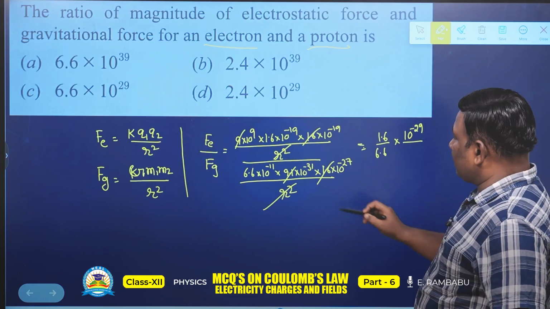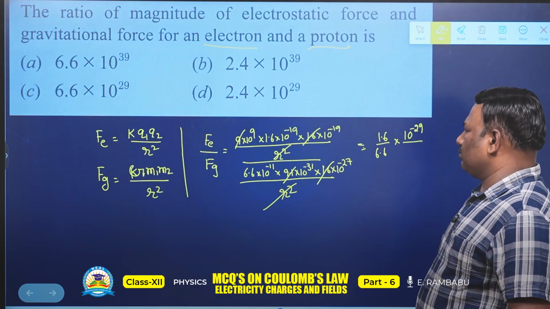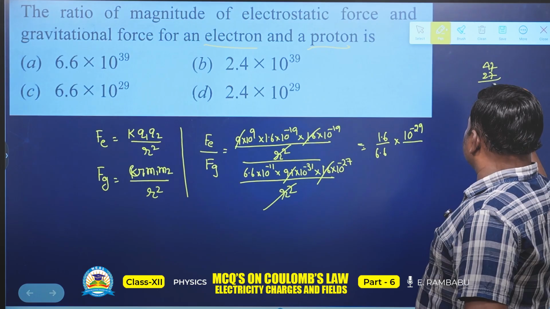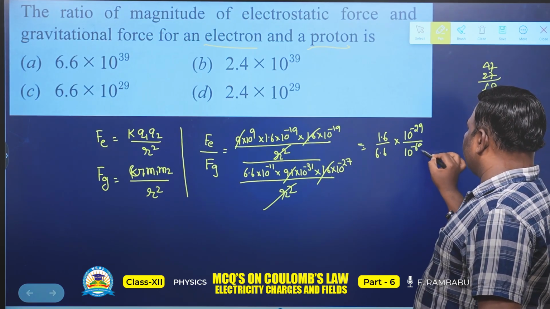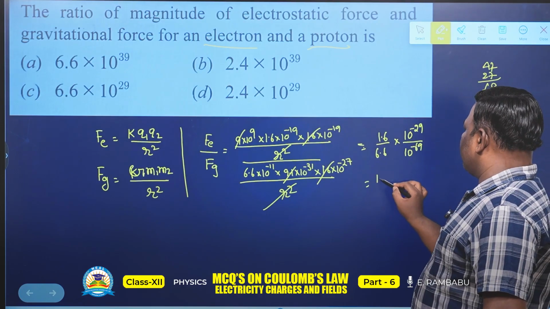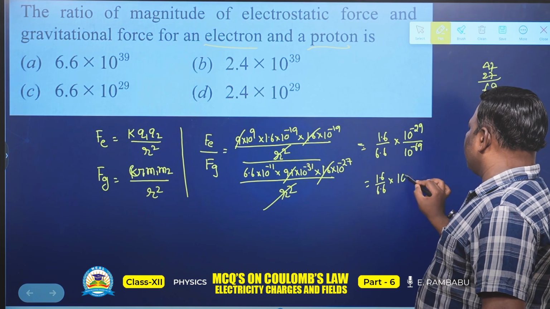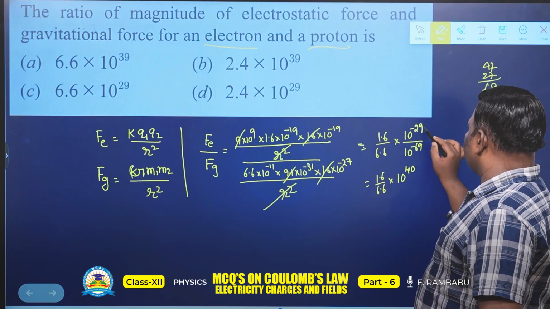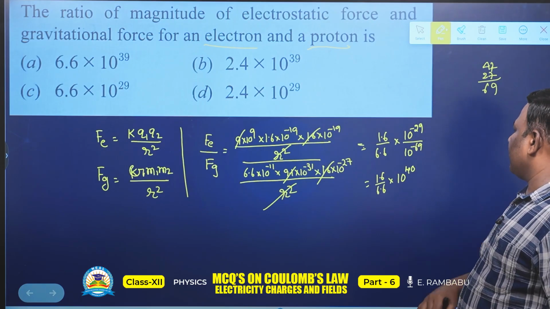And next, denominator is minus 11 minus 31, which is minus 42, minus 42 and 27, this is 69. 10 to the power minus 69. When it is taken to the numerator, 1.6 by 6.6 into 10 to the power 40. Minus 29 minus 69, that is 40.